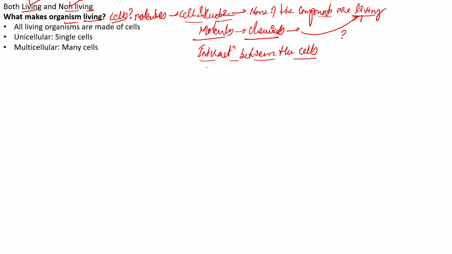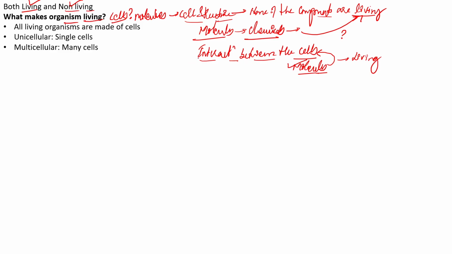The interaction between the cells is because of the molecules present inside the cells, which are involved in the interaction. As a result, we can say that they are living. Because of the interaction between the cells, through the help of molecules, they are keeping us living.